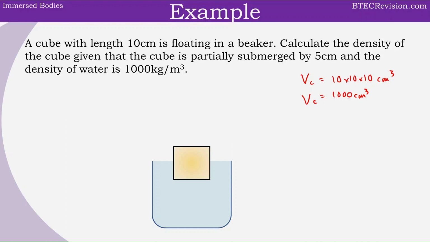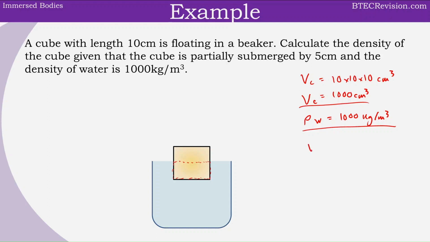The next thing we need to know is the density of the water, which is 1,000. So we have two values here. And if you remember from Archimedes' principle, the amount of fluid that has been displaced is going to be the volume, and we can calculate that using the amount of the shape, in this case a cube, that is submerged in the water.